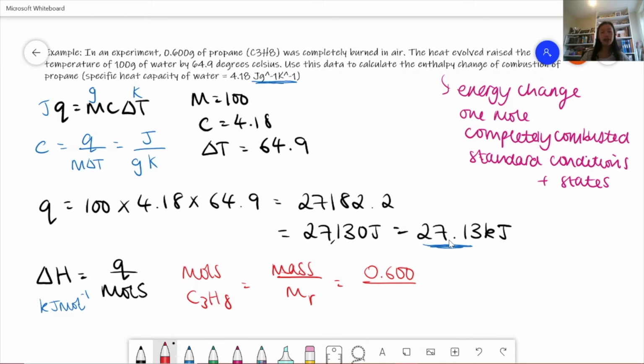And then you divide that by the MR. So we know that the AR of carbon is 12, so we've got 3 of them. So we've got 12 times 3, and then we plus 8 because each hydrogen is 1. So that's 0.600 over 44. And that comes out to be 0.01364 moles.